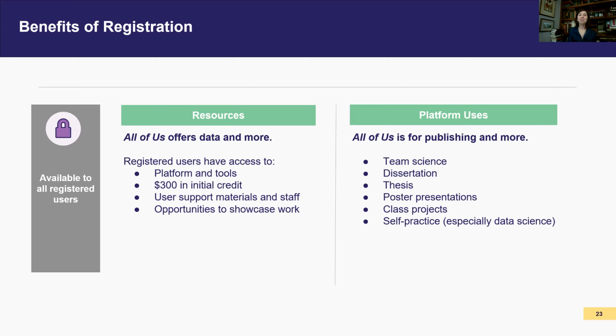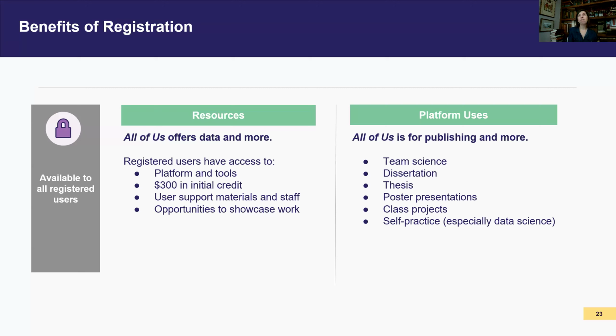I just want to remind everybody of some of the benefits for joining. All researchers who have access have access to our entire suite of tools, our data, our support. All researchers who join are given an initial $300 worth of compute credit so that they can get started on their project before a billing account is set up.